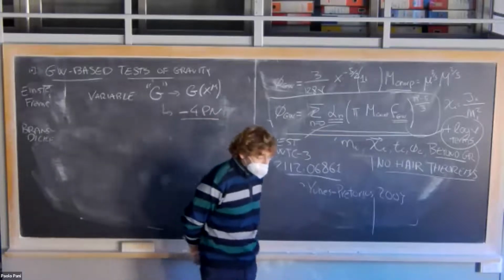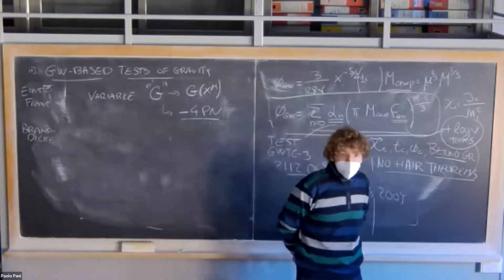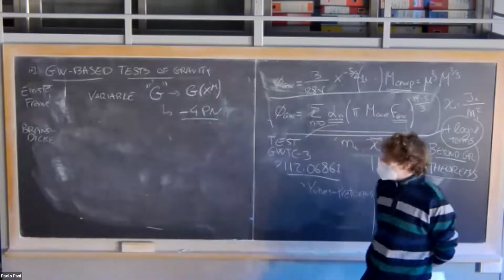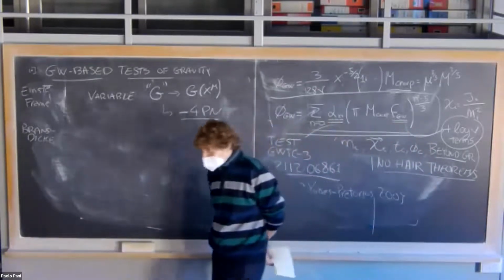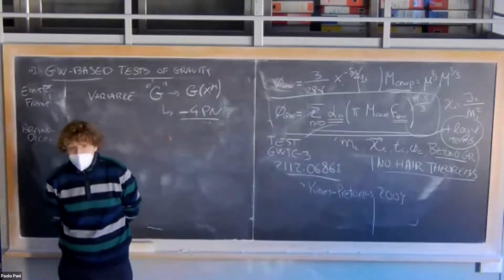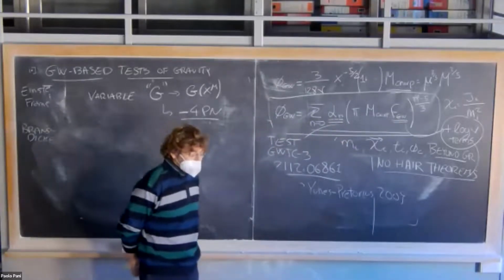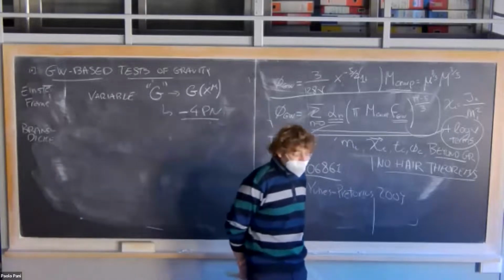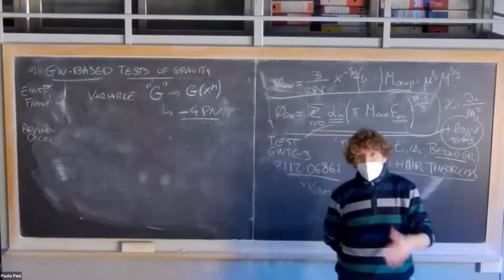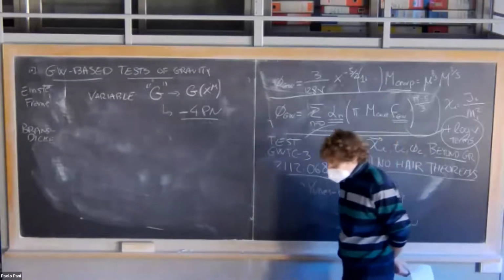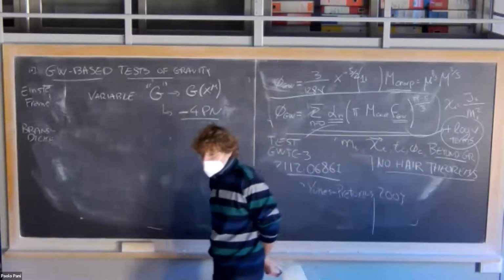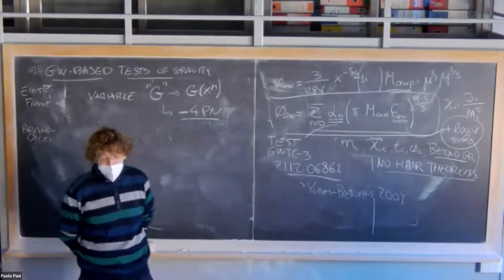Which is to say, if there is a deviation from GR, and if one is able to capture it through the leading post-Newtonian correction, and if one model is just using the leading post-Newtonian correction, then typically the fact that there are no subleading terms doesn't really jeopardize the possibility to detect deviations from GR.